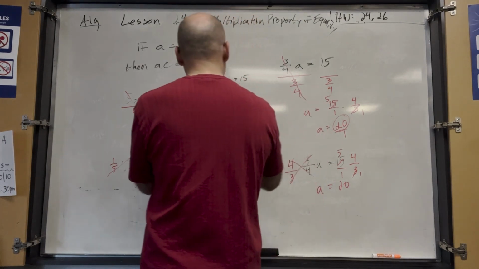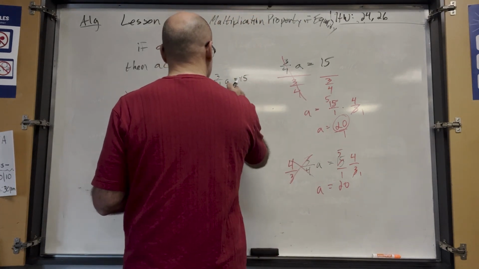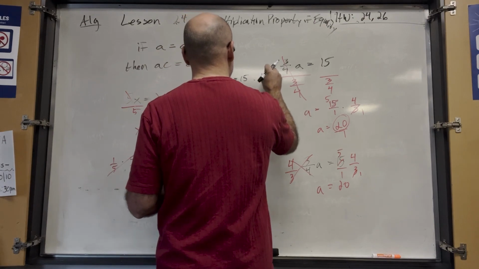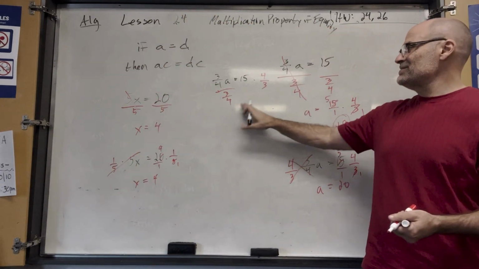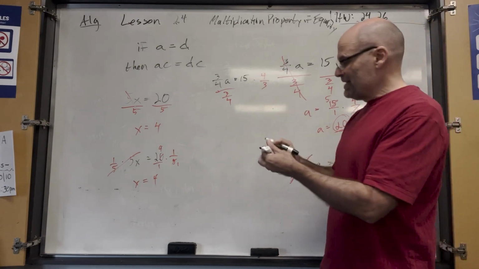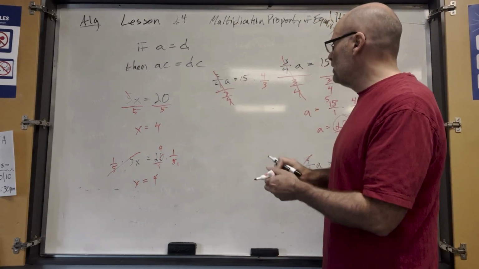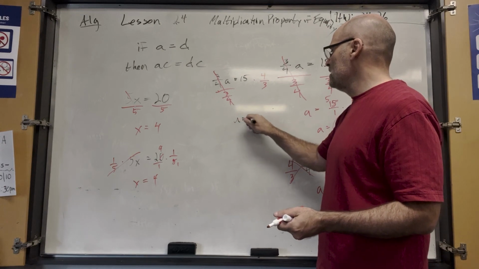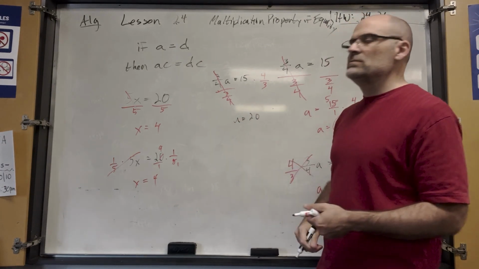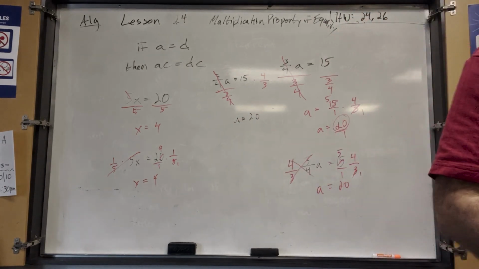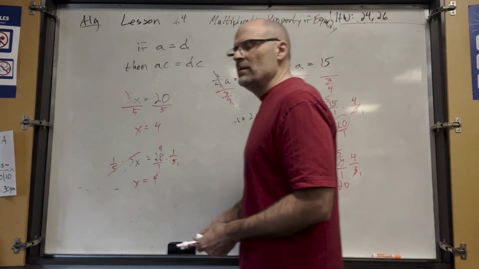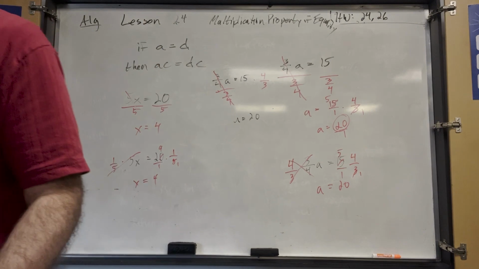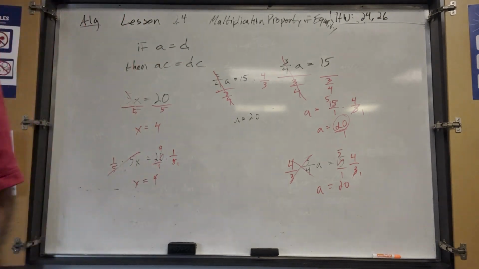If I'm dividing by 3/4, that's the same thing as multiplying by 4/3. It doesn't look the same, right? Because that's division, that's multiplication. But this is the same. If your OCD is okay with that, then you can still do it that way. Multiplication property of equality. How are we feeling about that?